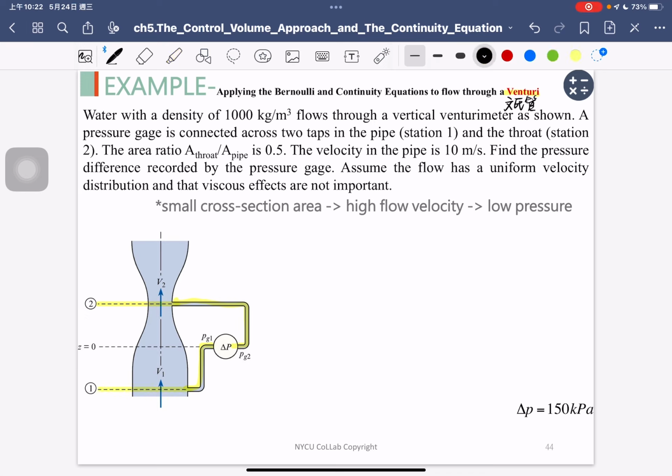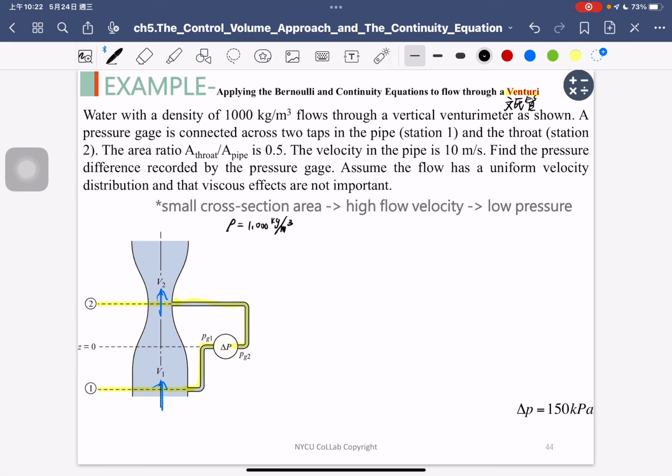And we actually know there is a different velocity magnitude. So go back to see the question. We know that the material inside is water, so the density is 1,000 kilograms per meter cubed.